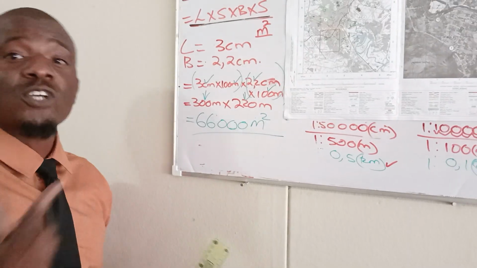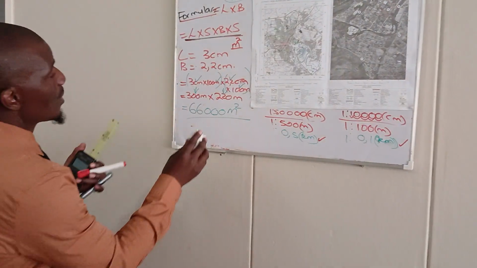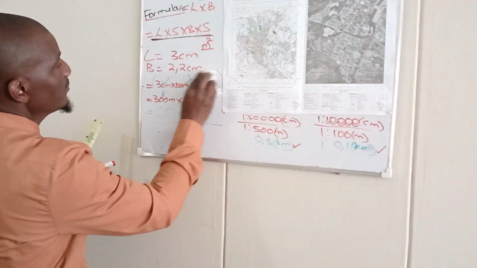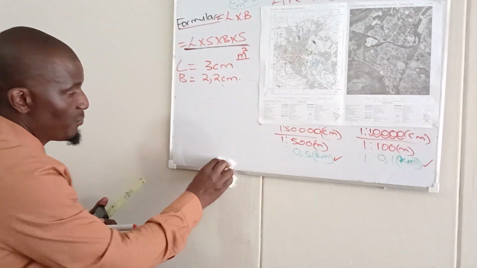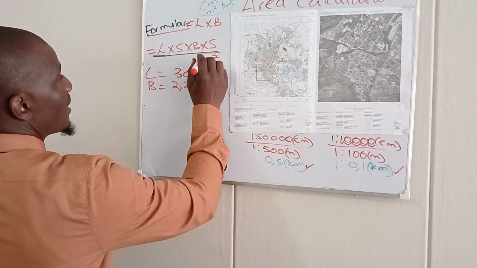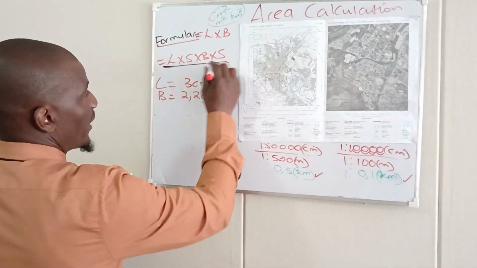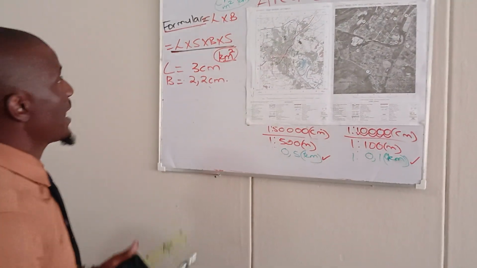Okay. So I'm going to calculate it also in kilometers so that you know how to do it. I'm going to rub off here. I already have the measurements. The only thing that I've changed is the unit of measurement that I'm supposed to show. So here, the answer is supposed now to be in square kilometers. So what do I have? I look at the information that I have.